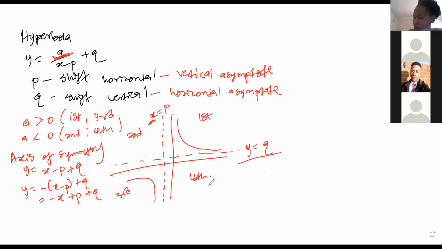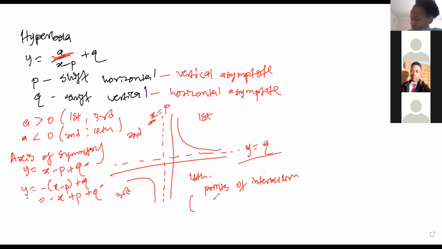And then you've got the points of intersection on the hyperbola. If they ask you about points of intersection, you'll have two pairs because you've got these two lines, these two equations.